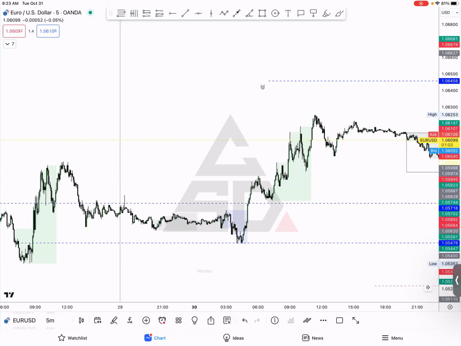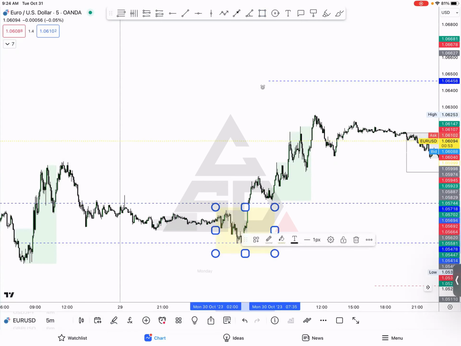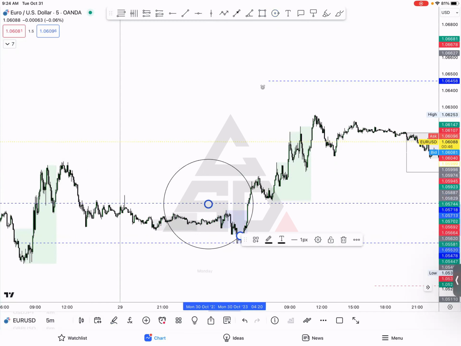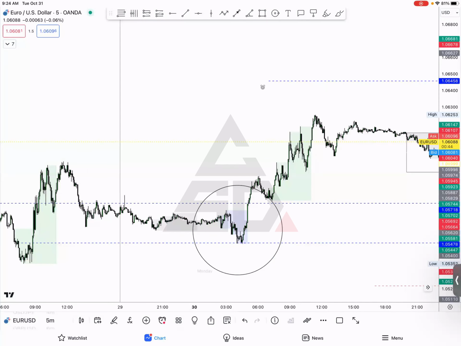As you can see here, if you look at the London session, you see a breaker that's formed right here. Can anybody see it?